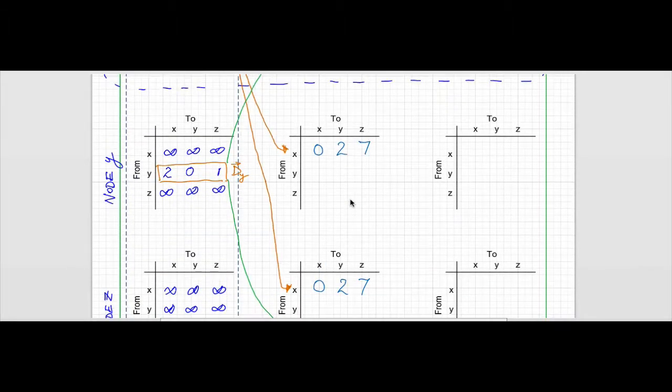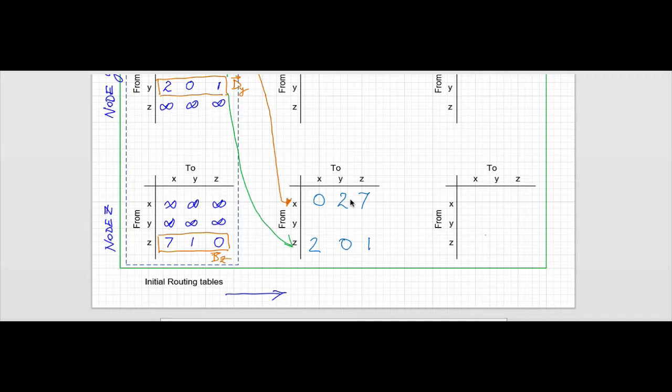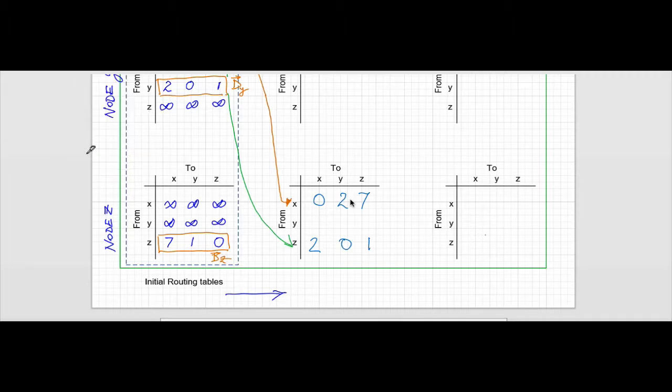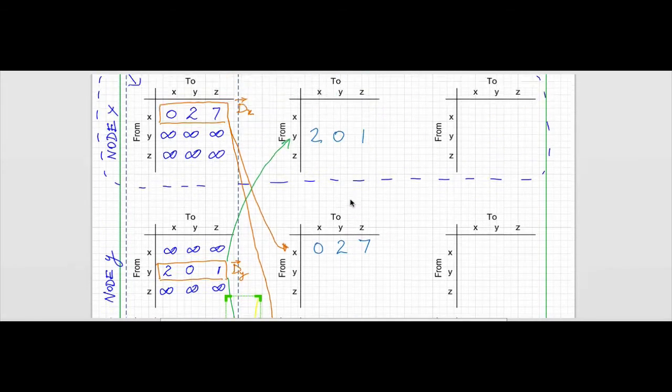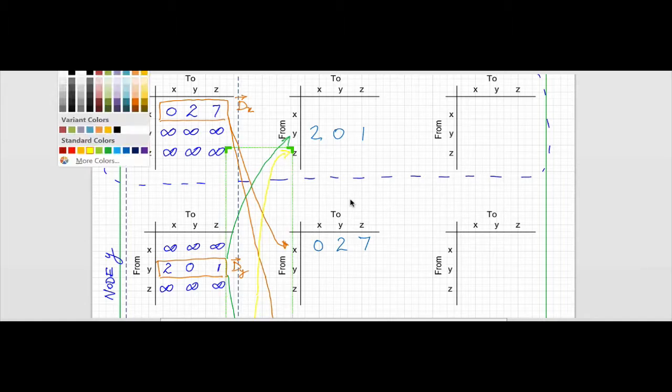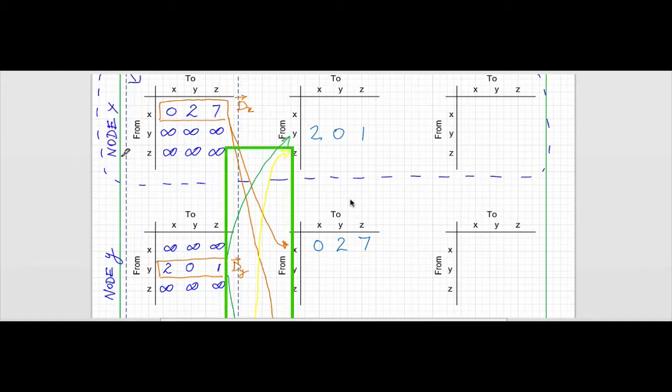And now we have to mark what happens with node Z. Let's mark in a different color. We're going to use yellow. It's going to send this vector to X. So let's move it up here. It's going to send this vector to X, and the vector says 7, 1, 0.